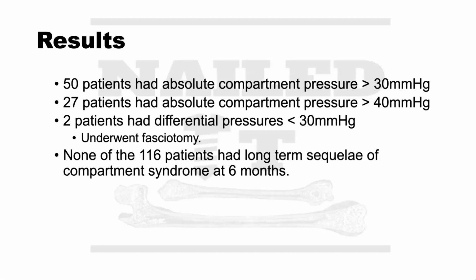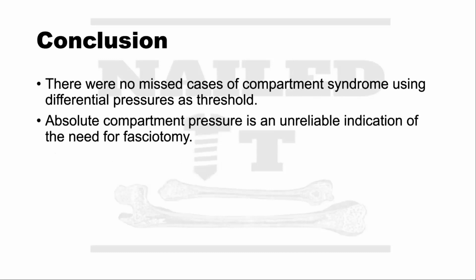ideal. And using the differential pressures, only 2 patients had differential pressures of less than 30, and those 2 patients underwent fasciotomies. And so what this really tells us is that using absolute pressures for a threshold is an unreliable indication for the need for fasciotomy.